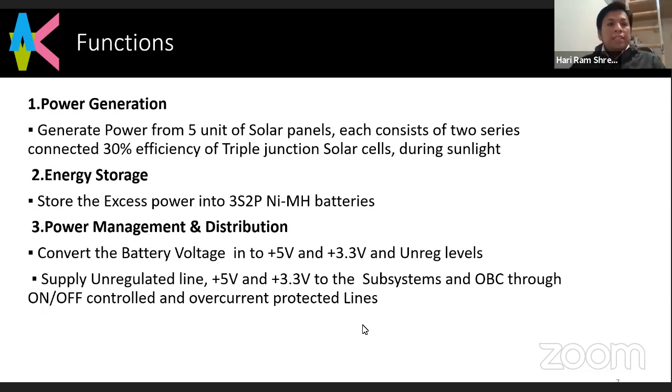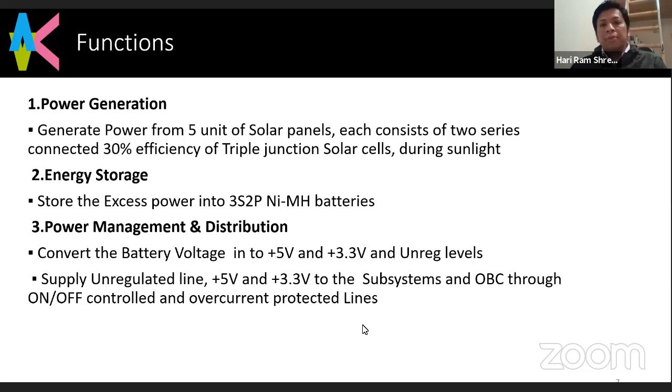Another function is energy storage in the battery. We took a nickel metal hydride battery because it is the BIRDS heritage battery. If we change the battery, for example to a lithium battery, we need to do many tests, and the team members should agree on which battery to use.